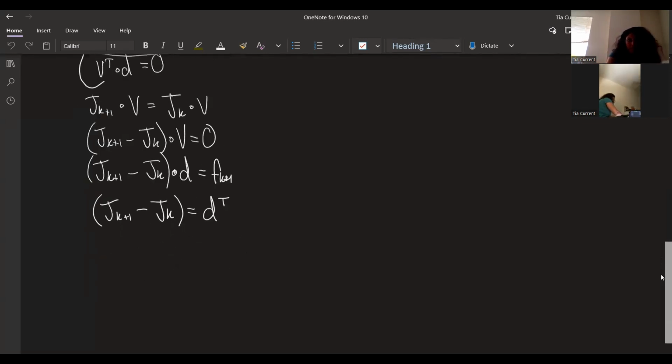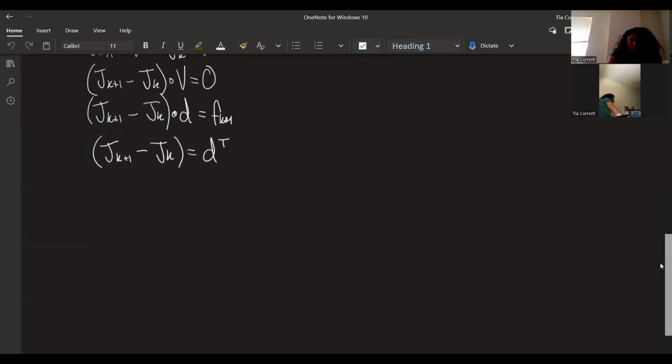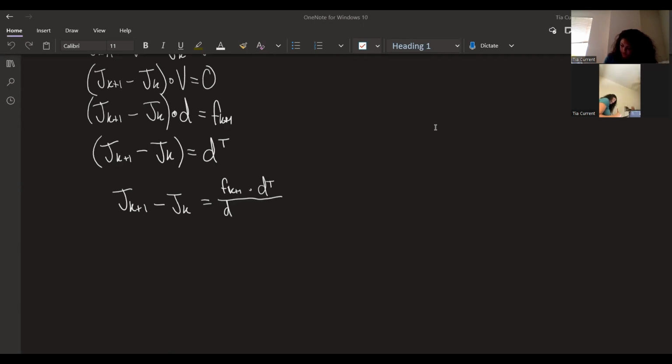Okay, so next we're going to set this up times d. So we're going to set this up as jk plus 1 minus jk times d transpose is equal to fk plus 1 times d transpose. And then on the bottom, we're going to have d times d transpose, right?